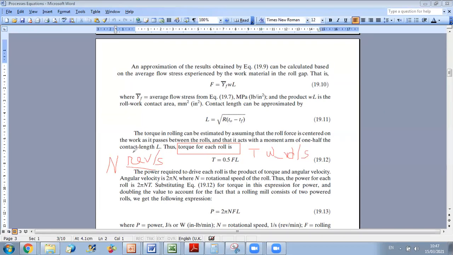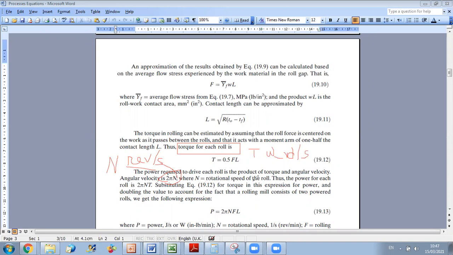And we know that one revolution is 2 pi radian. So all I have to do to get omega is multiply N by 2 pi. So the angular velocity is 2 pi N, but please pay attention: this is only valid if N is in revolution per second. If N is in revolution per minute, I should multiply by 2 pi and divide by 60. So pay attention to units.